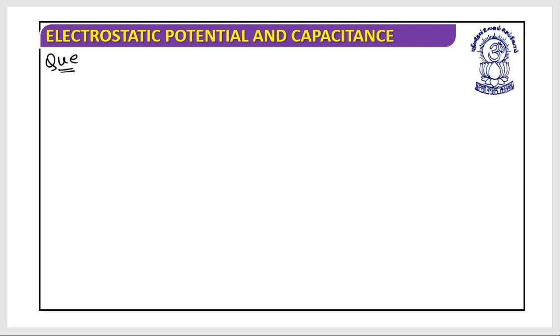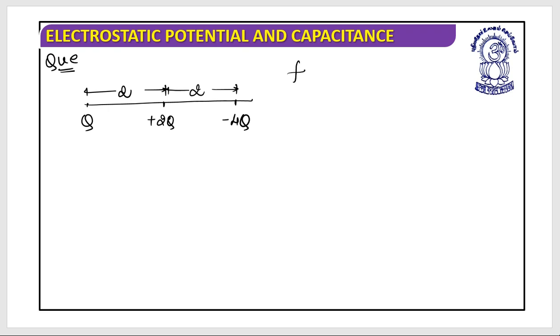Let's suppose the charges are given such that this is q, this is plus 2q, and this is minus 4q. The separation between q and 2q is, let's say, 2 meters, and this is again 2 meters. They say to find the electrostatic potential energy of the system.